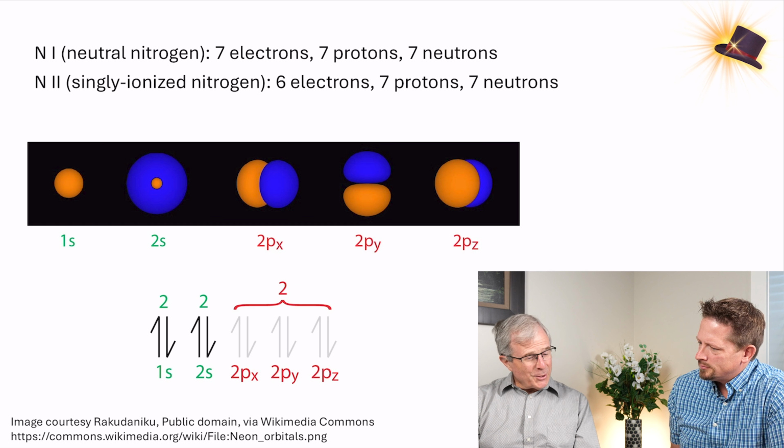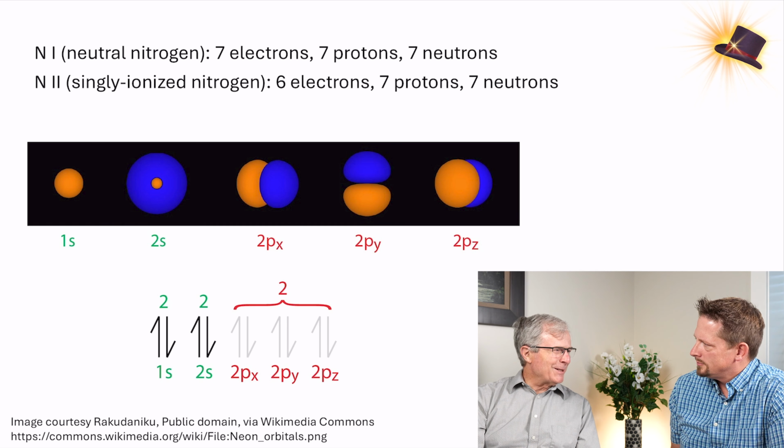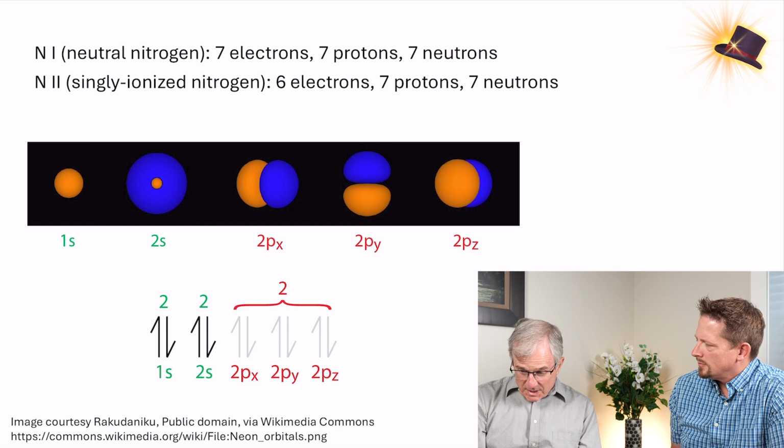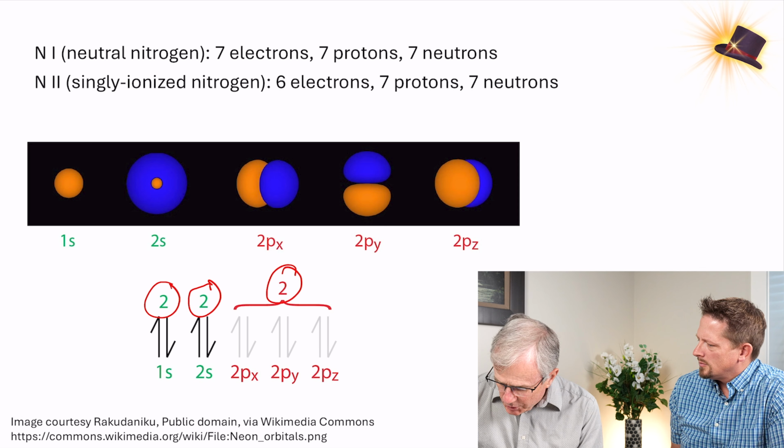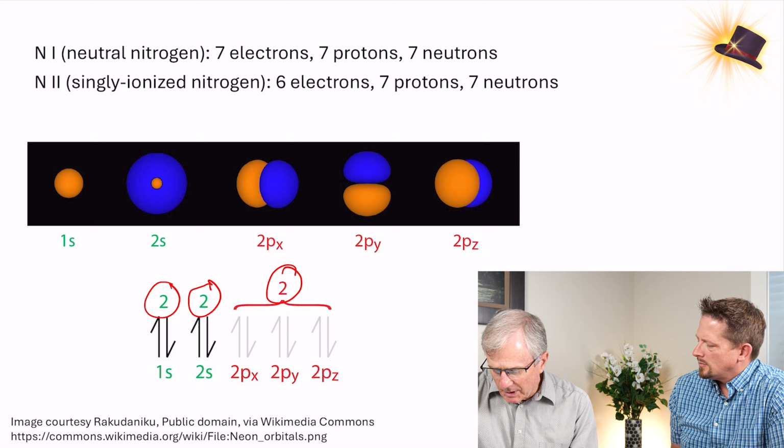Well, that happens to coincide with the exact number of electrons in the oxygen-3, the doubly ionized oxygen we were dealing with: 6 electrons. So there's 2 in the 1s shell, 2 in the 2s shell, and 2 spread out between the two 2p subshells. So the physics is basically the same.